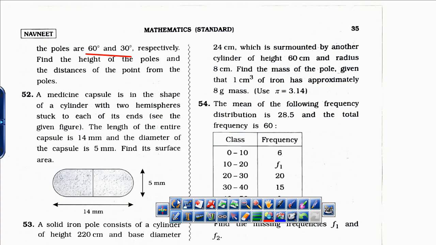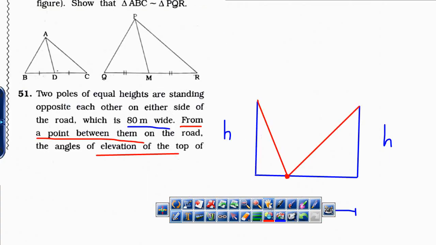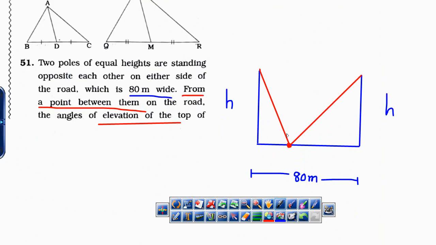Find the height of the pole and the distance. Typical textbook sum. Angle of elevation is 60 and 30.